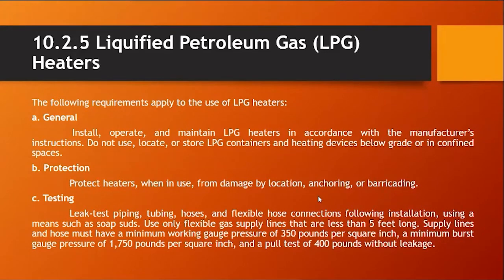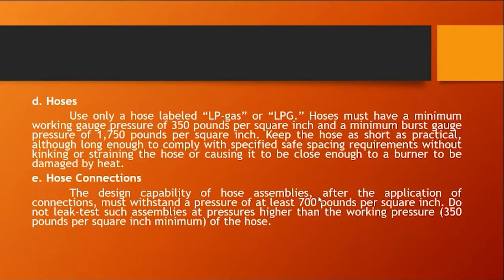Supply lines and hose have a minimum working gauge pressure of 300 pounds per square inch, a minimum burst gauge pressure of 1,750 pounds per square inch, and a pull test of 400 pounds without leakage. For hoses, use only a hose labeled LP gas or LPG.